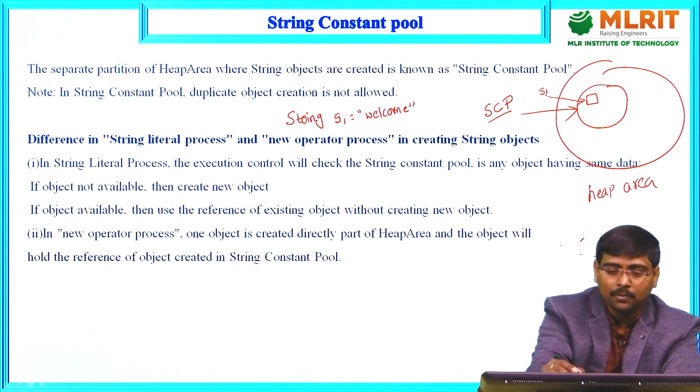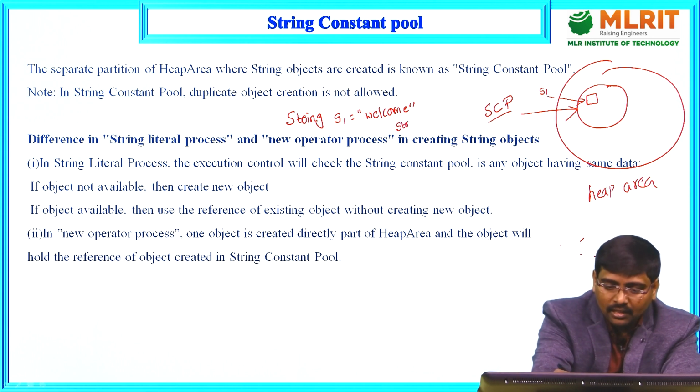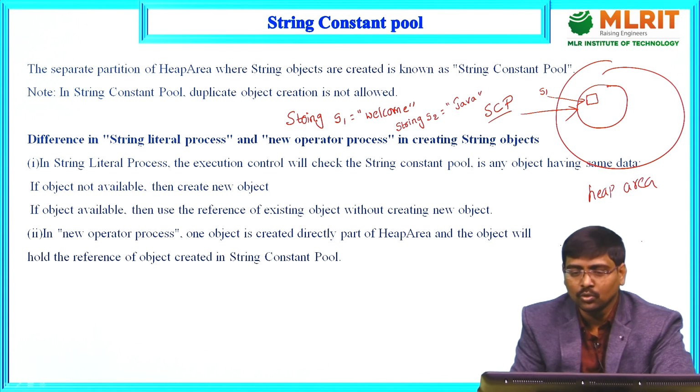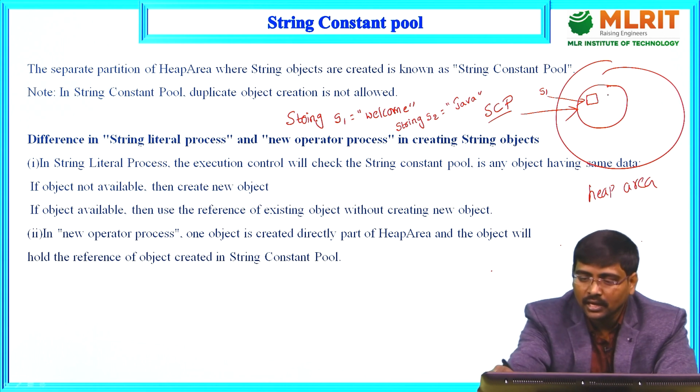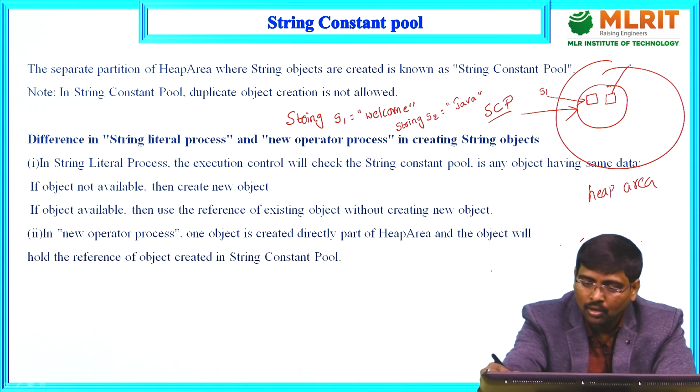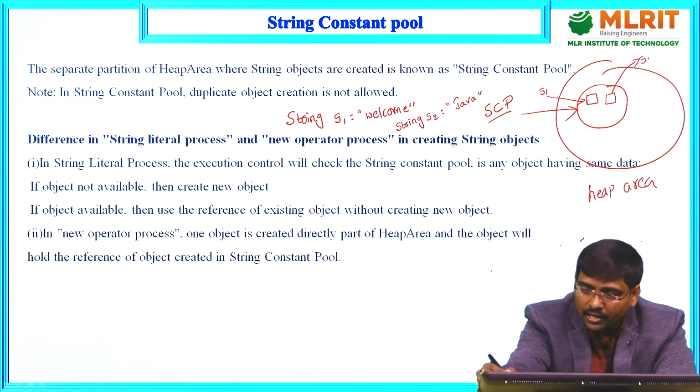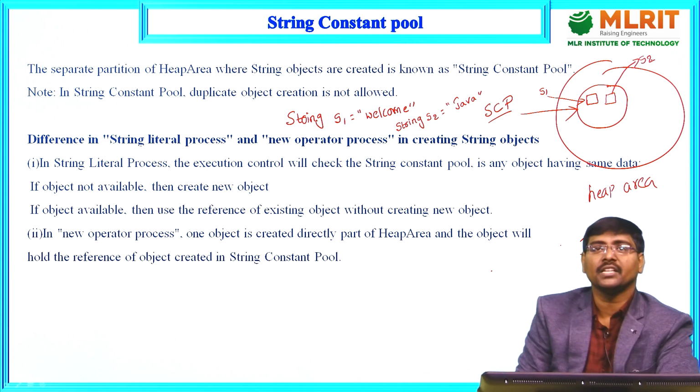Suppose if I create another string, S2 is equal to Java. Again the process is creation of a string by using string literal. So within the string constant pool, some string is created that is referred by S2.